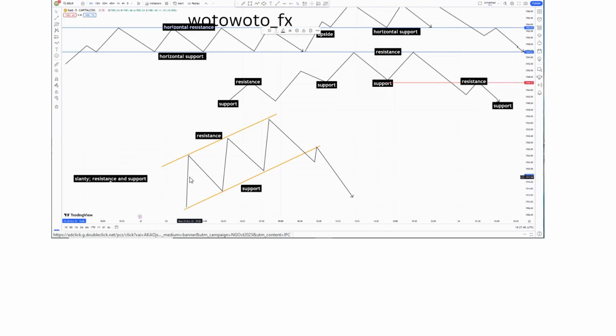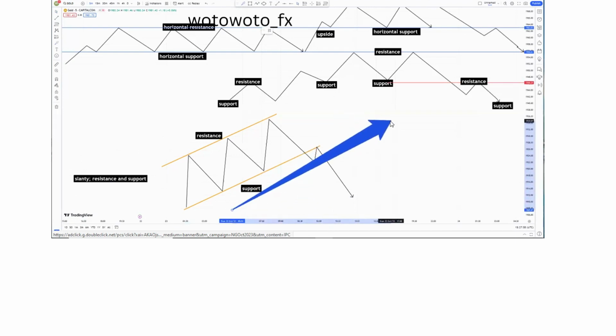This is it. So now, this case is when the price is actually in an uptrend. That's when price is going up, like when price is actually buying. When price is actually buying, that's when you get to see this.